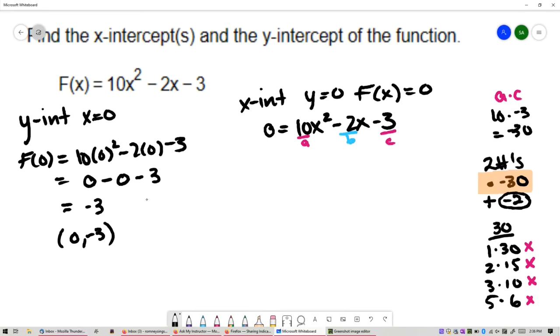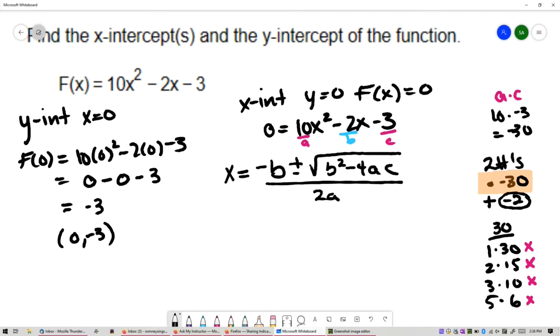Now the quadratic formula is a formula using a, b, and c, and that formula is x equals negative b plus or minus the square root of b squared minus 4ac all over 2a.